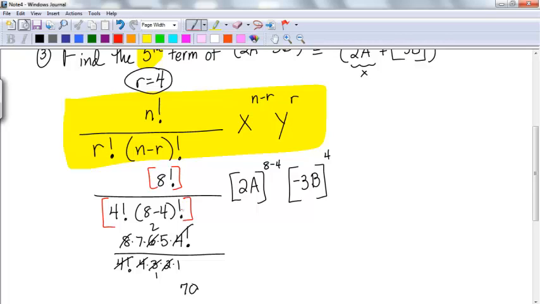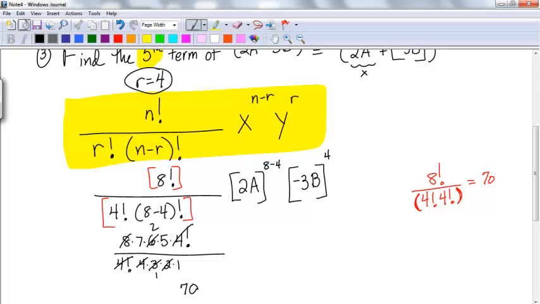Divided by, and then parentheses, 4 factorial. If you put this in on the calculator, you're going to put it in like 8 factorial divided by 4 factorial divided by 4 factorial. But the critical part about that is you want to put in the parentheses. And you should get 70. That's the coefficient in front.